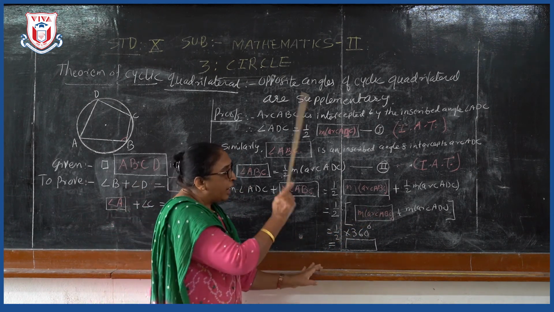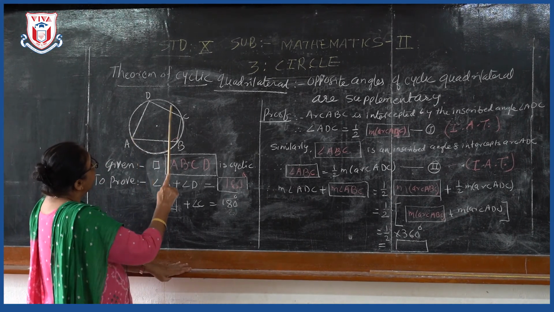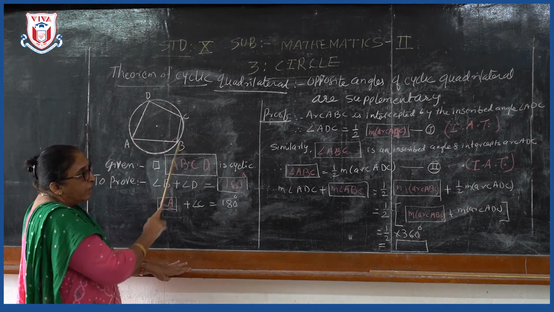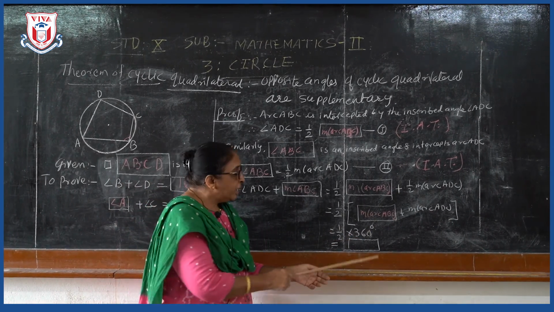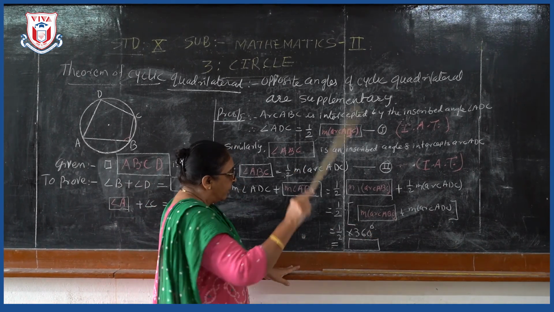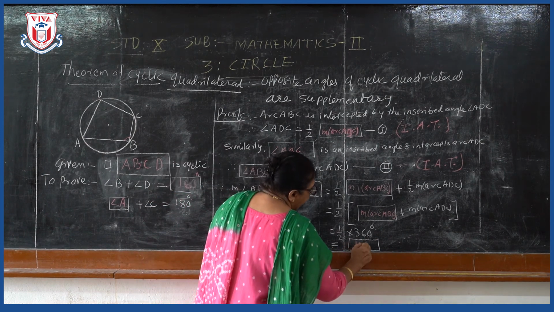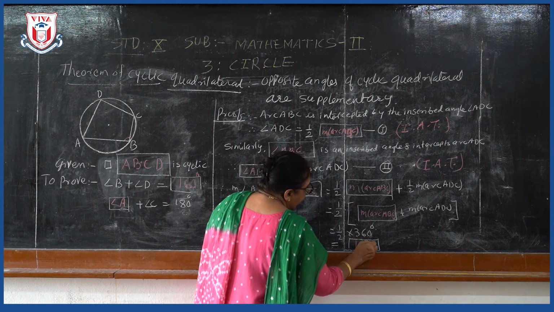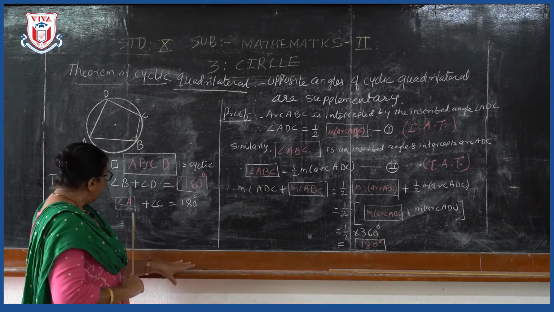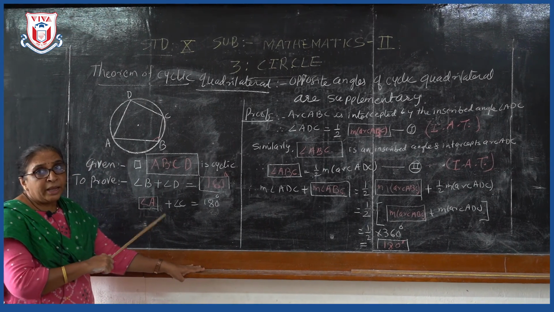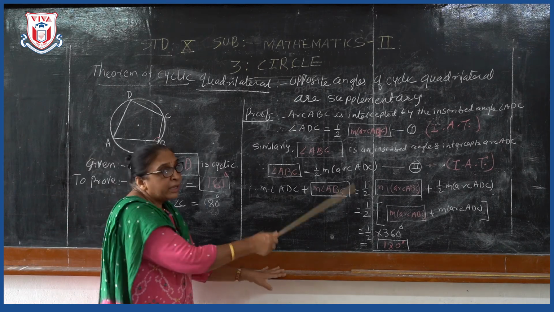Now, if you add major arc ABC and ADC, we get a complete circle and its measurement is 360 degrees, measure of a complete circle, and half of that will be equal to 180 degrees. So, we get these angles are supplementary, and similarly the second statement, angle A plus angle C is also equal to 180 degrees can be proved.